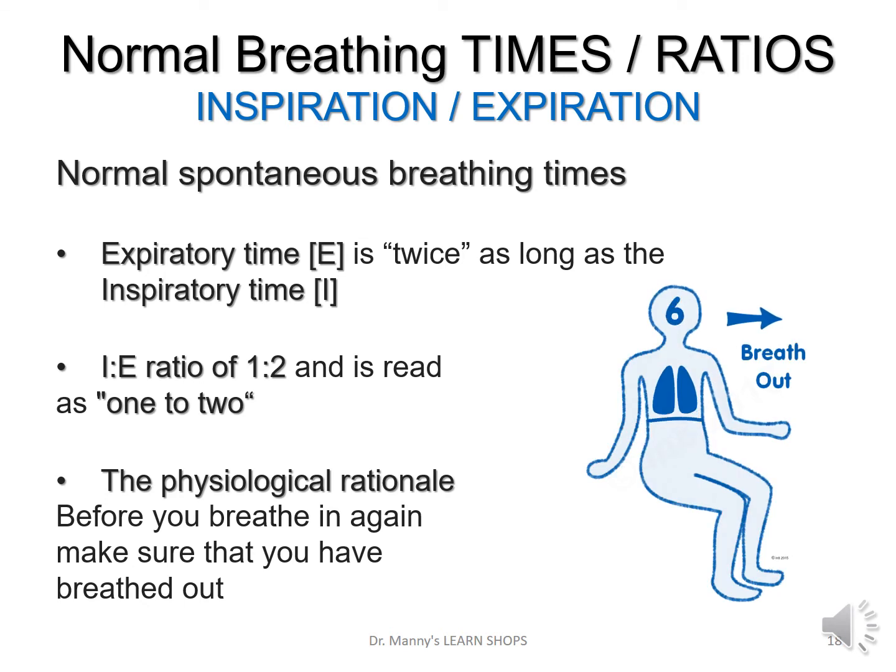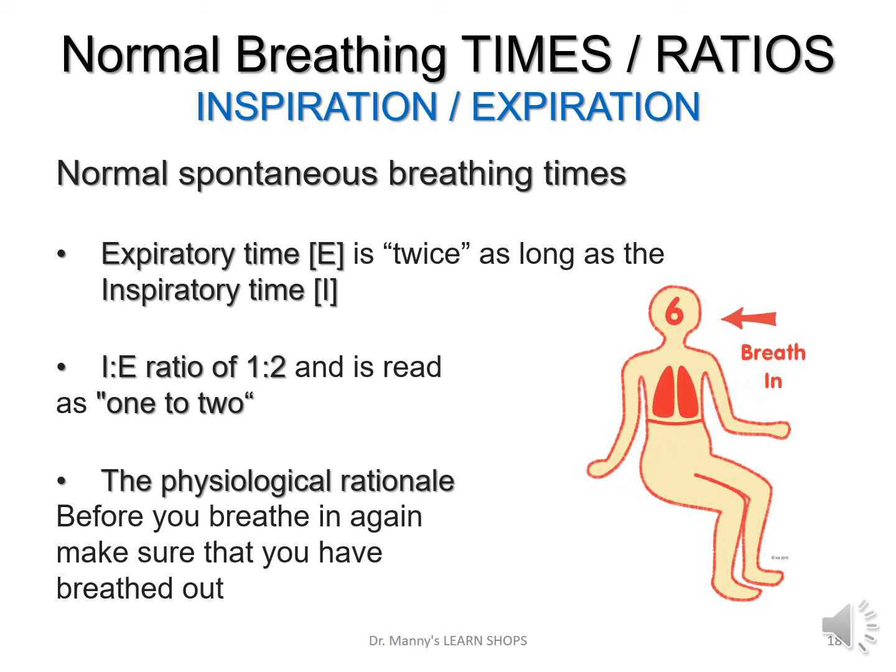And the physiological rationale for this is, you don't want to breathe in before you've exhaled completely, because this would cause too much gas to accumulate in your airways and your lungs and potentially result in overinflation of your lungs.